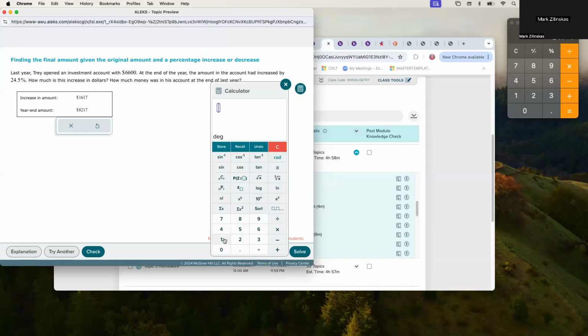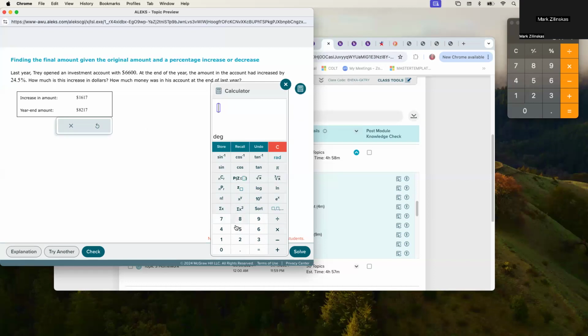Let me try that again. 124.5, and I multiplied that by 6600. Oh, I know what I did. I didn't write it as a decimal. Sorry about that.